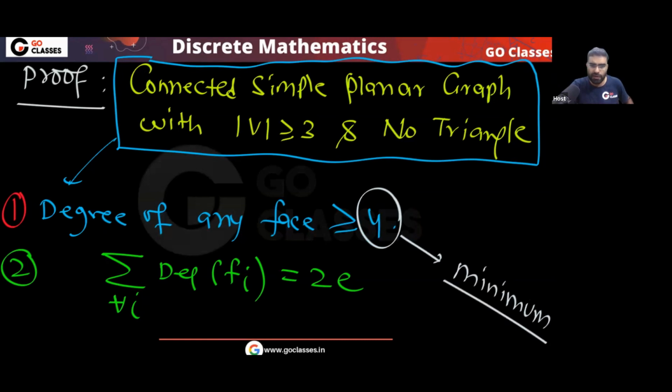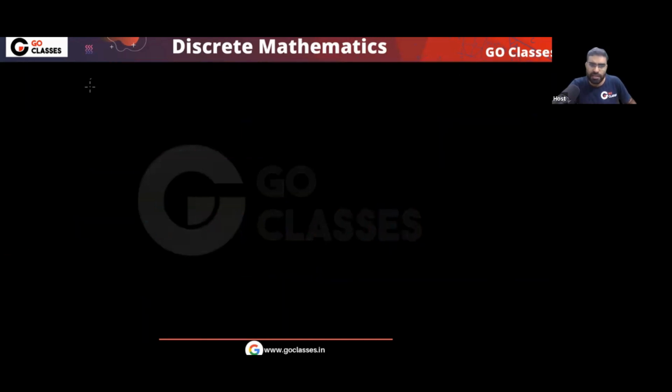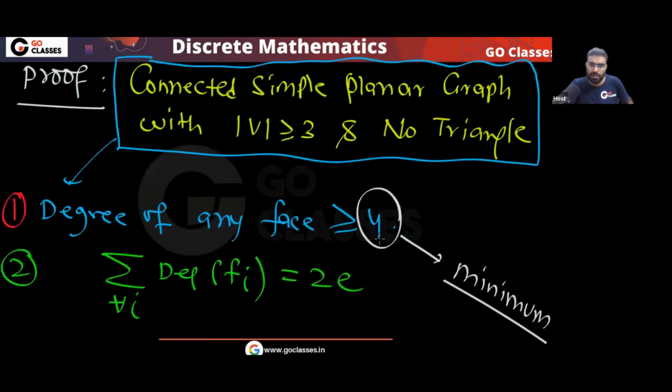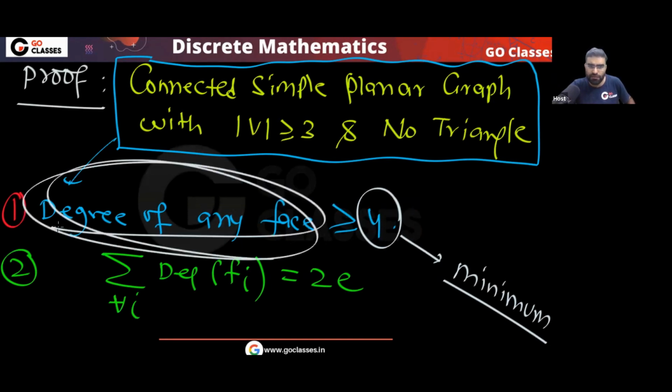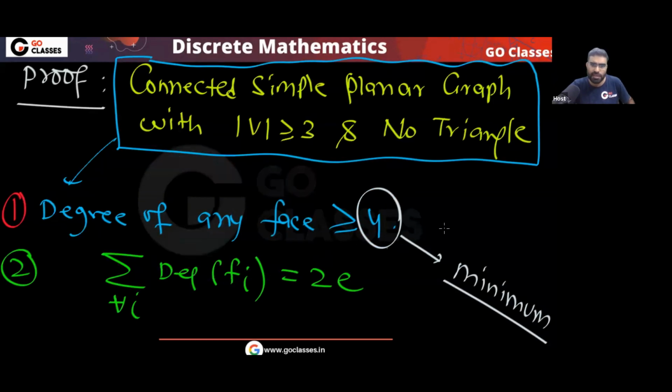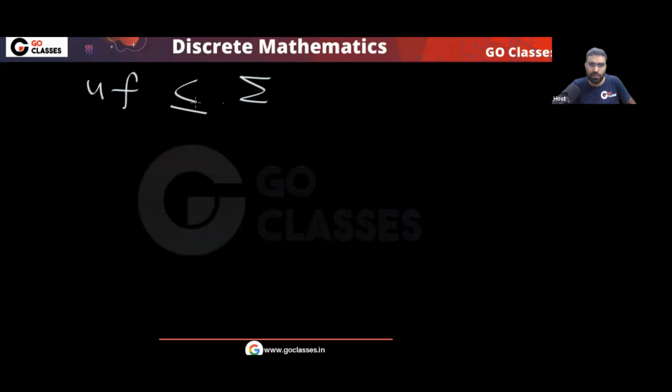So if I take this minimum, 4 into f, then that should be less than or equal to the actual value.